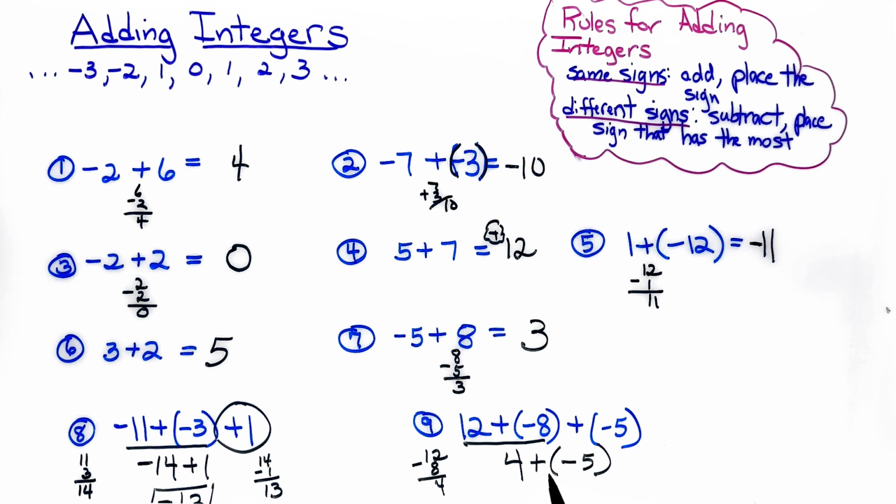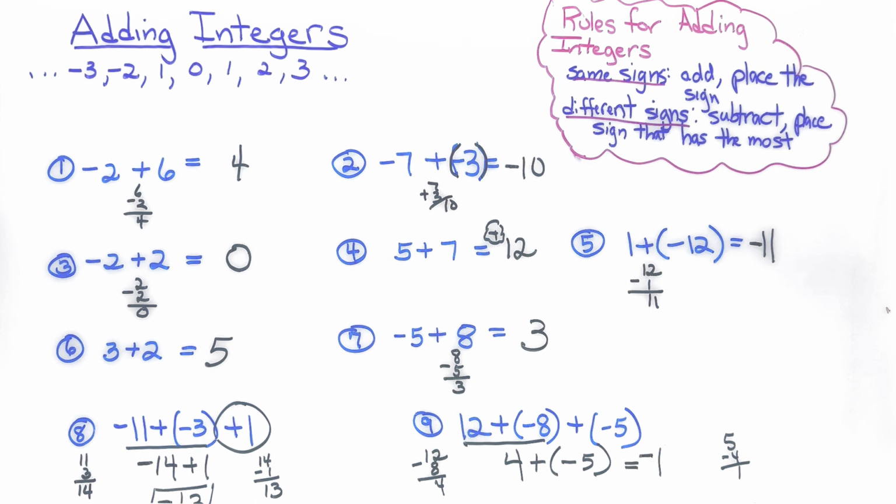So 4 plus a negative 5. Oh, the signs are different. So I am going to subtract 5 minus 4. I get 1. And remember, we're just taking the numbers, we're subtracting them. And now, which do I have more of? Do I have more positive or negative? I have more negative, so the answer is a negative 1.